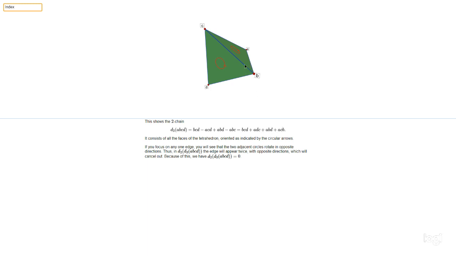Let's see what that looks like geometrically. Your BCD is this face here, the face opposite A, and we would put an arrow on here, clockwise, following around in the direction B to C to D, as indicated here. Remember that we could rewrite this as CDB.